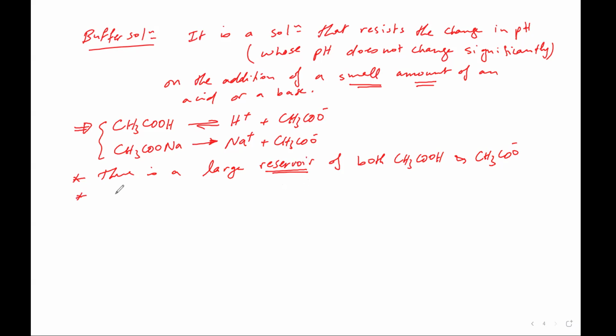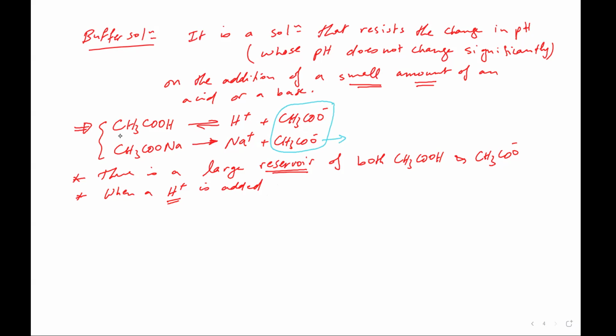So what happens when a small amount of acid is added? As I told you, when a small amount of acid is added, we look back at the equilibrium position. This is an acid, so it will react with what? In the buffer, you have these two. The ethanoate ion does not come from the acid itself, but from the salt, and the amount that comes from the salt is much bigger than the amount that comes from the acid.